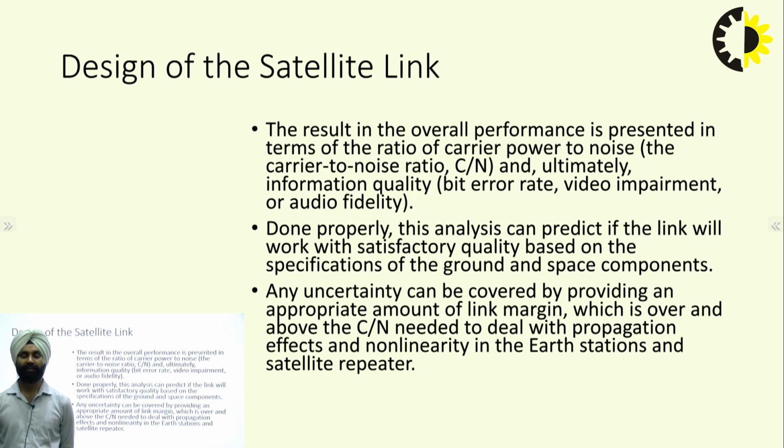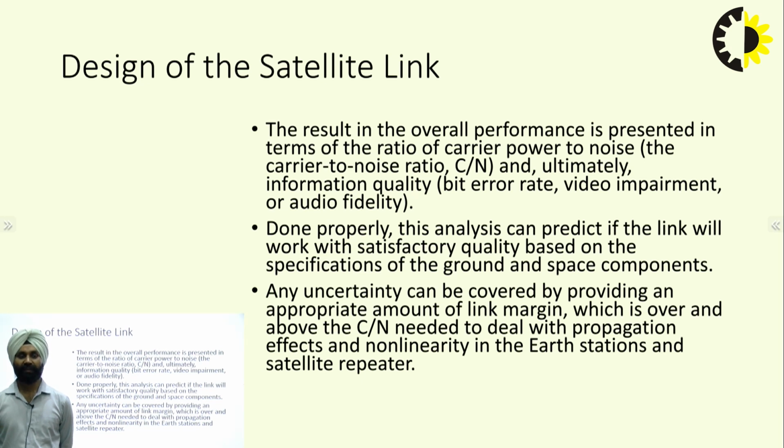The signal power can be taken as the carrier power, because most of the power is taken by the carrier in the transmitted link. So we generally calculate signal to noise ratio as we have discussed in the main lecture series. Ultimately, the information quality, that is bit error rate or video impairments or audio fidelity, will be affected.